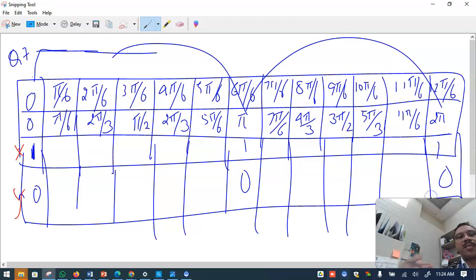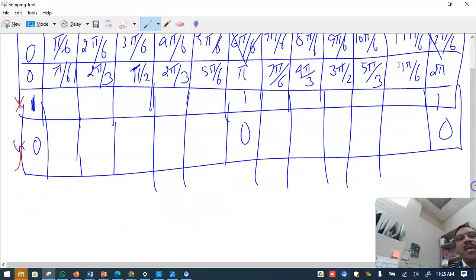So that's for now. Next we can fill in the other one, which is pi by 2. This is pi by 2, 90 degrees. So what is cosine of pi by 2? If you forget how to do this, you can just think of a unit circle.